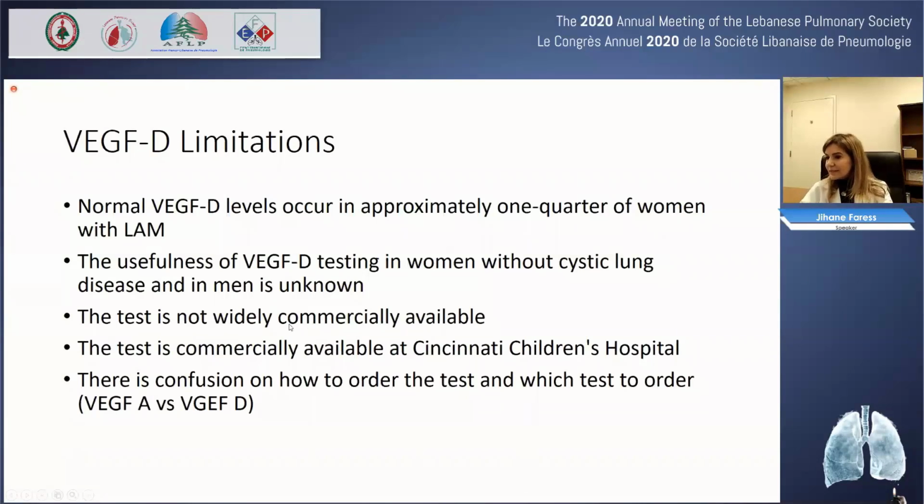In the US, at least, the test is not widely commercially available, meaning you cannot just order it from any big specialty lab. It is only commercially available at Cincinnati Children's Hospital. And sometimes there is confusion about what people order. They might order a VEGF-A level, which is a marker for other malignancies, rather than the VEGF-D level, which is the marker of LAM.